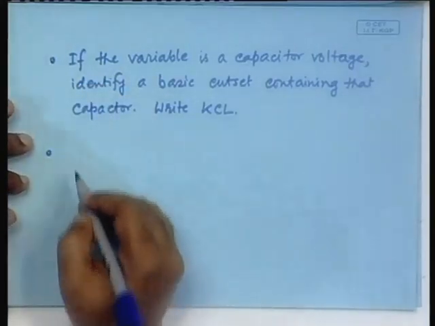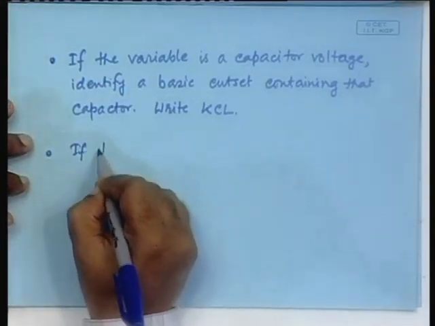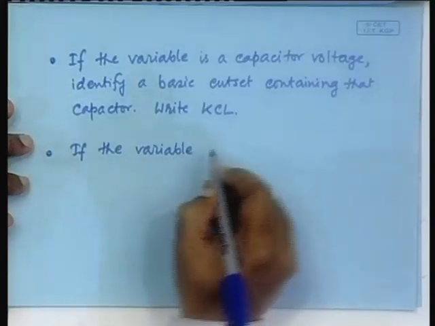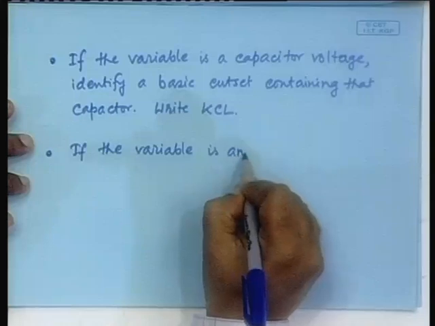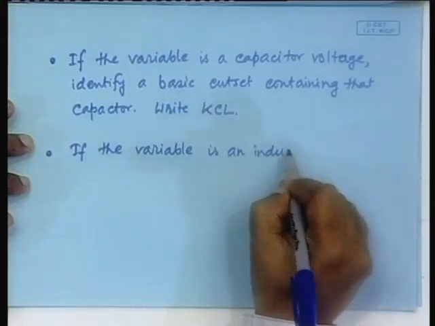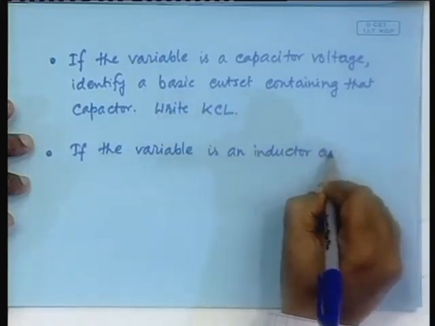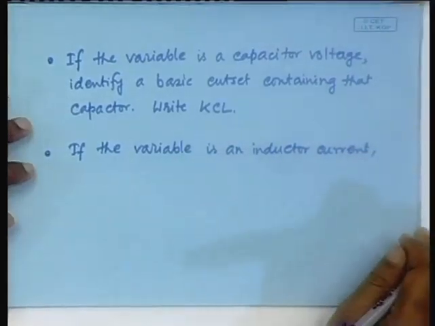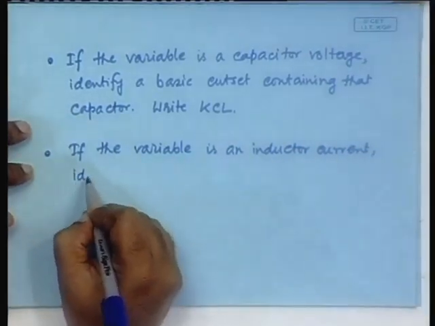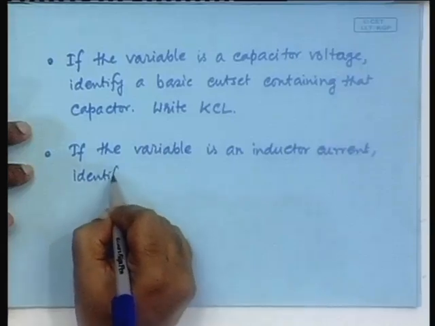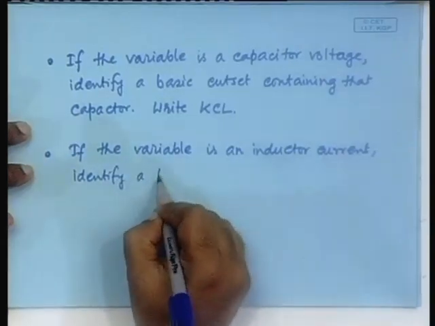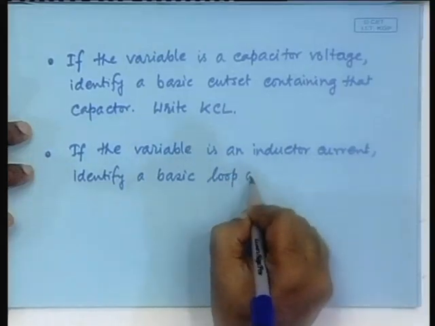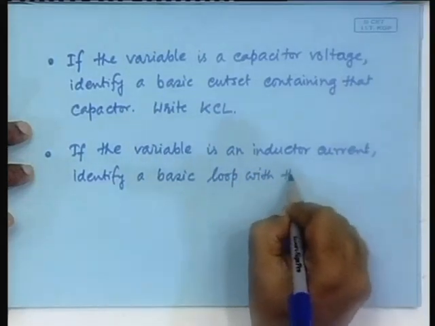Second point, if the variable is an inductor current, identify the basic loop with that inductor.